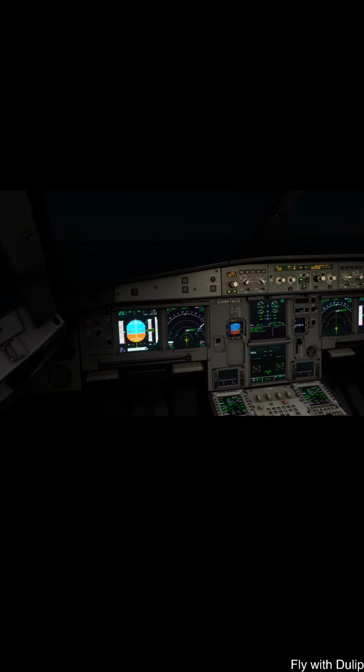Okay, now we are getting ready for the landing. Fully ready for the landing. Landing gear up. Flight attendants, please prepare for landing.